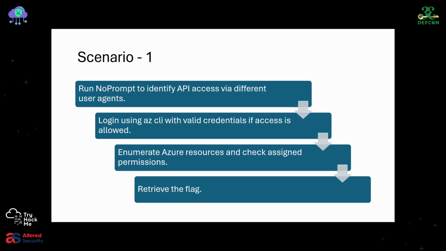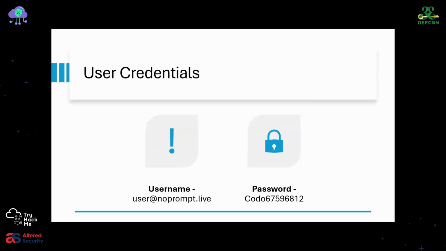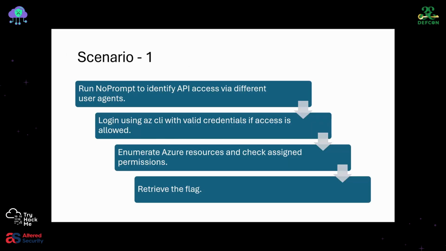It is going to tell you that certain APIs are accessible for certain different user agents. After which you are going to know that there is a Graph API and the Service Management API accessible via single factor access, and it will work. Then you are going to enumerate the Azure environment using this information, and you need to retrieve the flag. I'll be solving this with you.